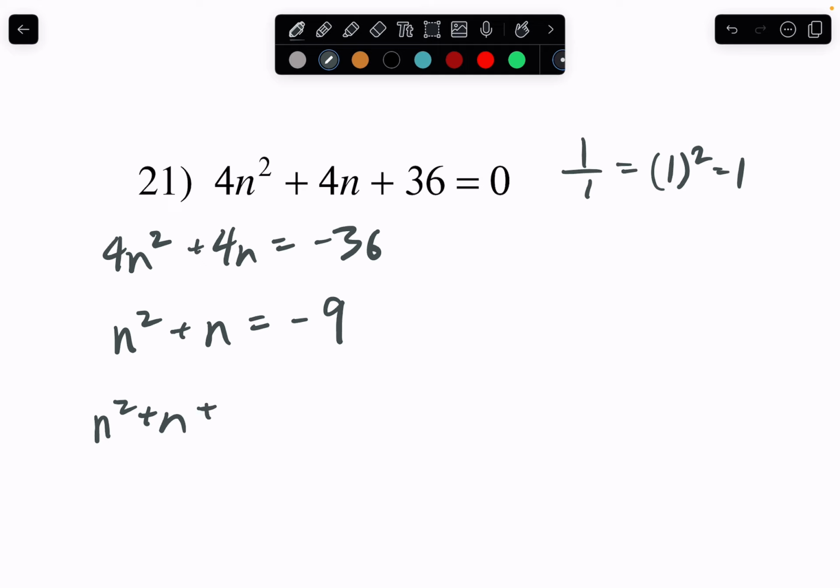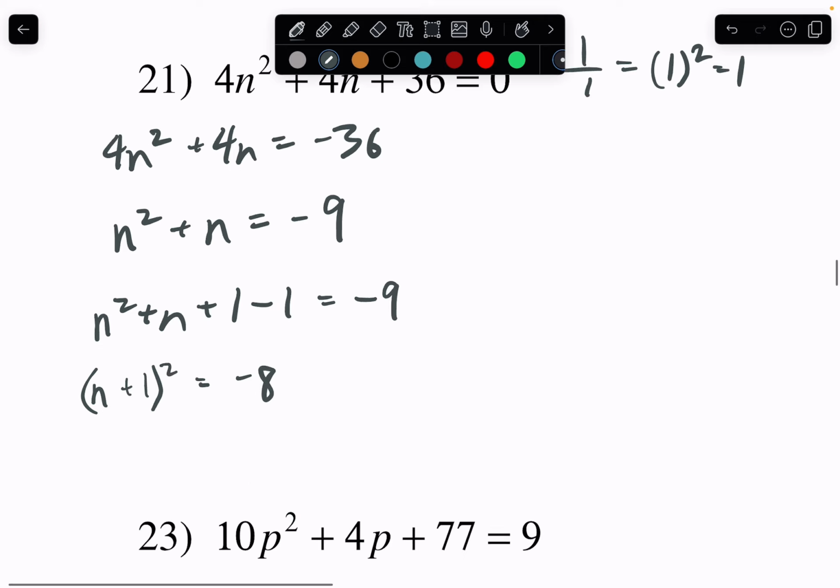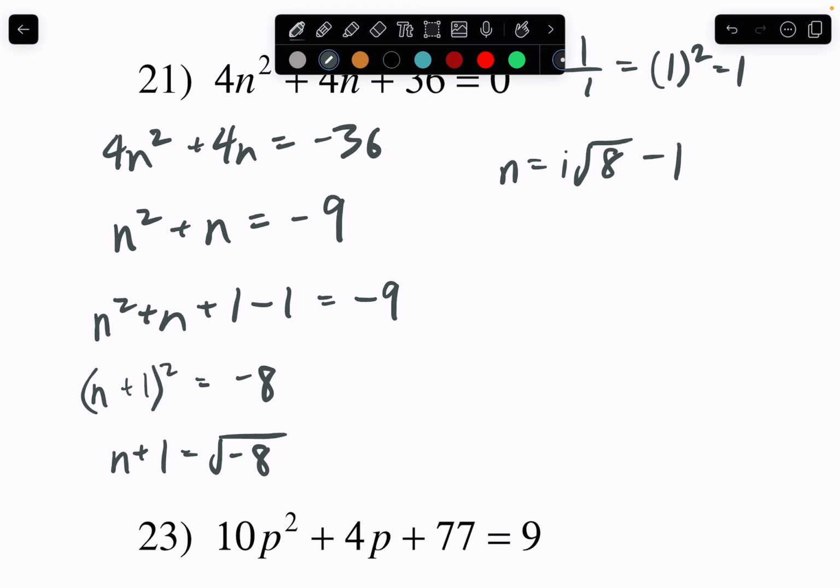So one minus 9 is negative 8. And plus 1 is equal to, okay, so I square root of 8 minus 1. Don't forget the plus minus.